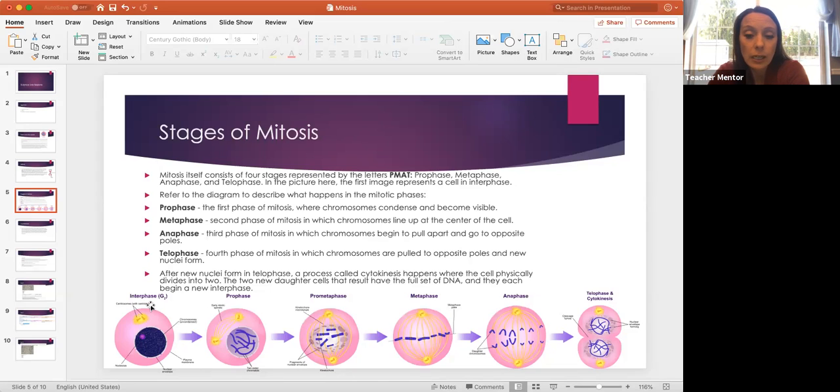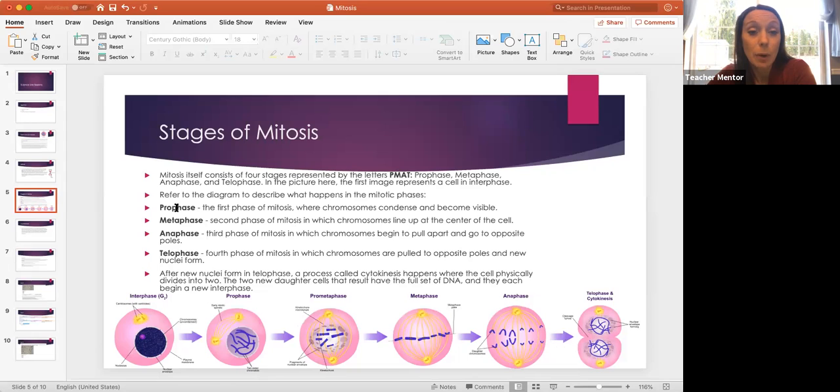So there are two parts to this: the interphase part, which is when the cell is in its normal day-to-day functions, just carrying out the role that it plays. So it looks very normal here. The second part goes into PMAT, those 4 phases, and this is where the DNA replicates, okay? So take a look at the diagram as we describe what's happening in each of these phases.